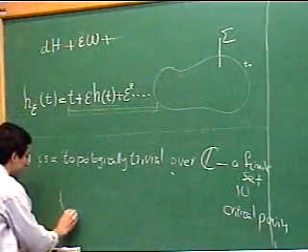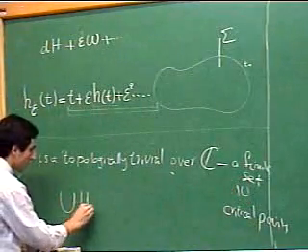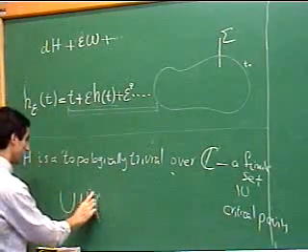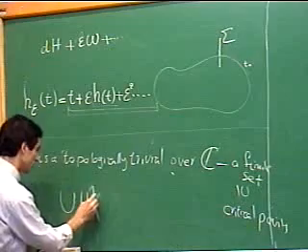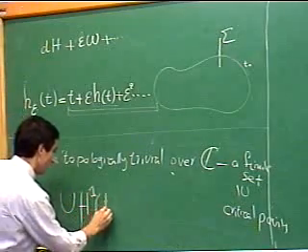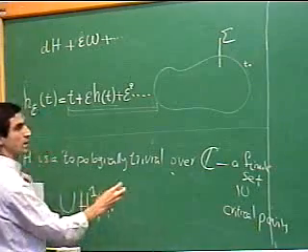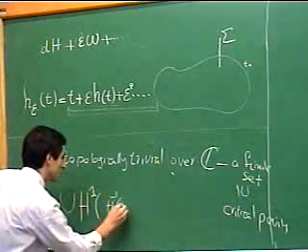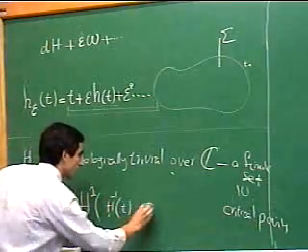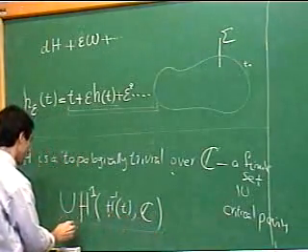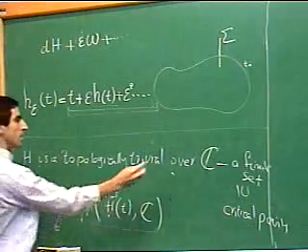So we can take this vector bundle H1 of the fibers, the union of the cohomologies H1 of the fibers over t with complex coefficients.